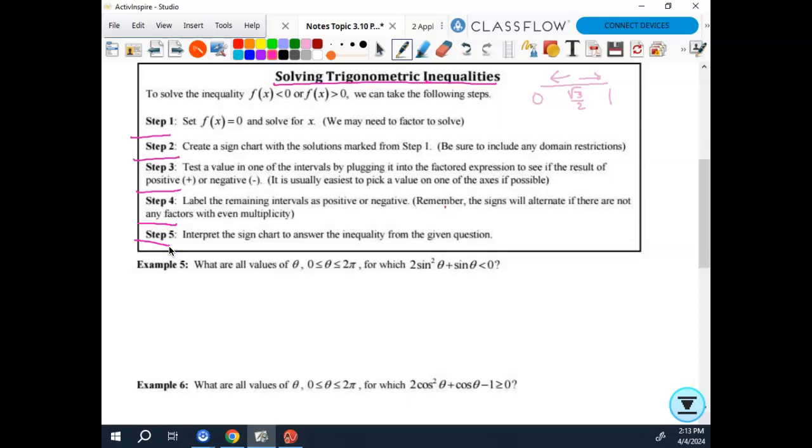This says, remember, the signs will alternate if there are not any factors with even multiplicity, which some of you learned at that first review session, because it doesn't always get applied correctly. This is only true for linear factors.